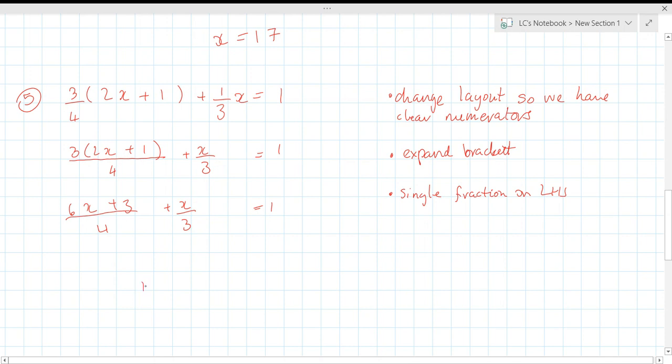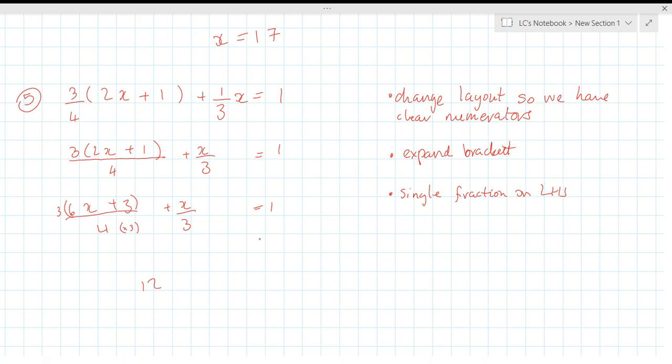The common denominator in this case is 12 because 4 times 3 is 12. I've multiplied this by 3, so I'm going to have to multiply everything in the top of this fraction by 3 as well. You can see instead of writing 3 times, I've put brackets around it to show that everything in that top line is going to be multiplied by the 3. And here I've multiplied by 4. Whatever I do to the bottom, I do to the top.